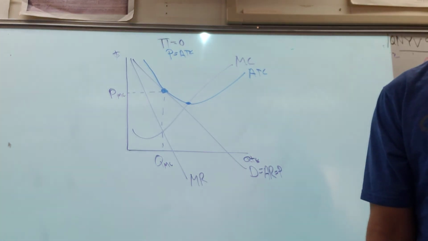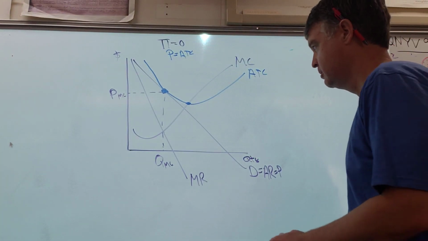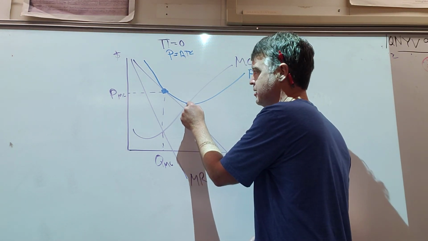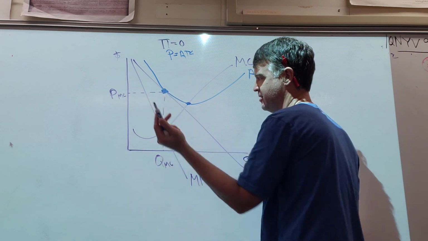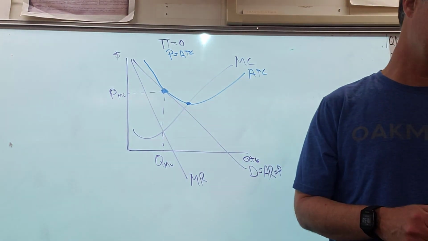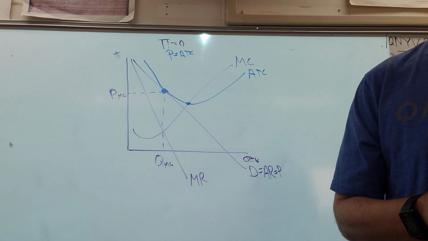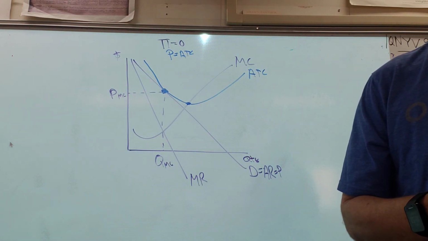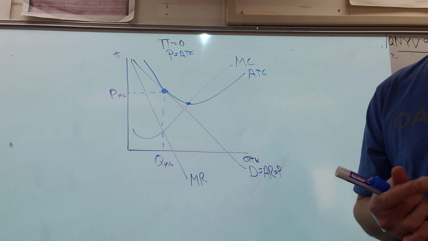E: does a typical firm produce an output that minimizes ATC in the long run? Here's ATC min, and here's where it produces. No, it doesn't produce there. And then F: in the long run, does a typical firm produce the allocatively efficient level of output?